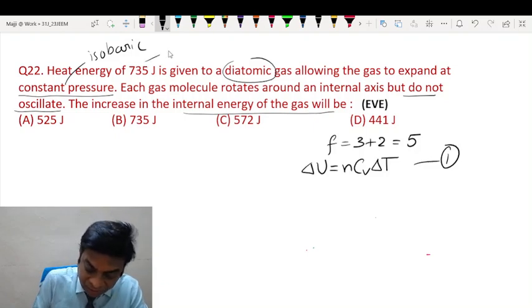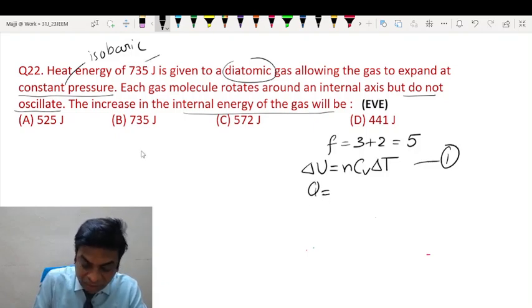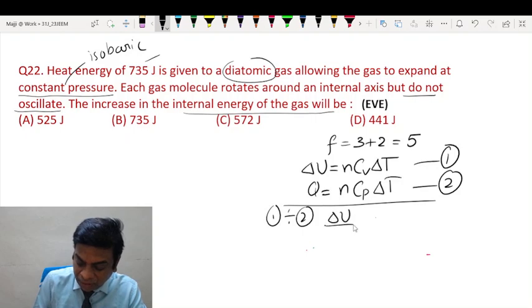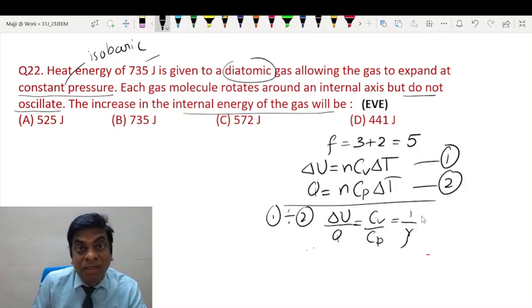And we have been given that the heat is supplied at constant pressure, so at constant pressure we will be using Q = nCpΔT. So if we divide equation 1 by 2, we'll get ΔU by Q is equal to Cv by Cp. And Cv by Cp is 1 by gamma, because gamma is Cp by Cv.